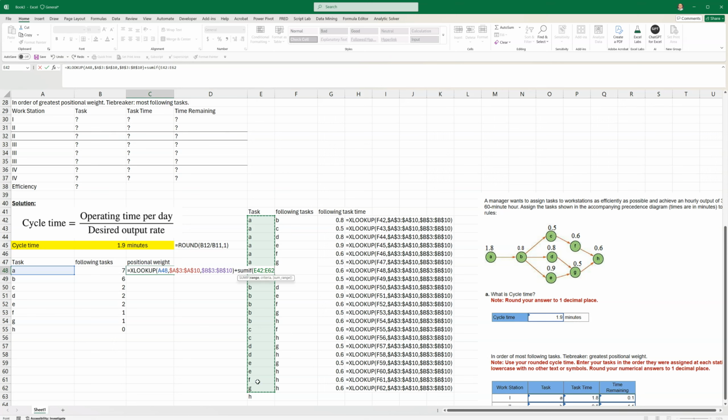And I'm going to F4 that, so when I copy down it doesn't move. And the criteria is if it's equal to A.